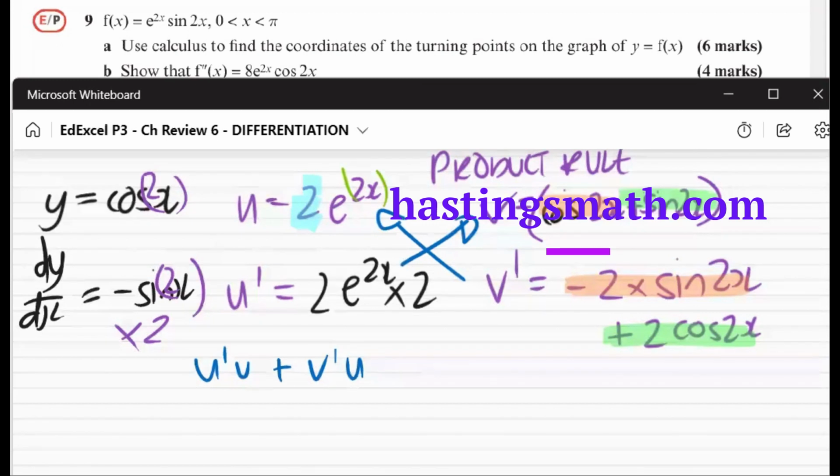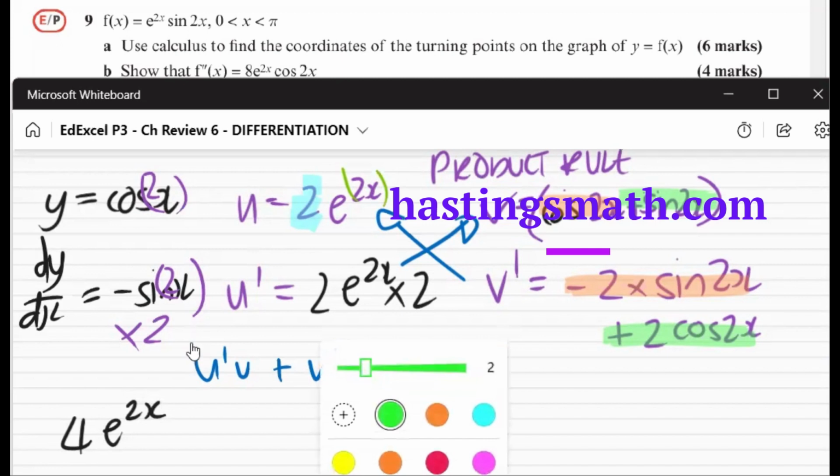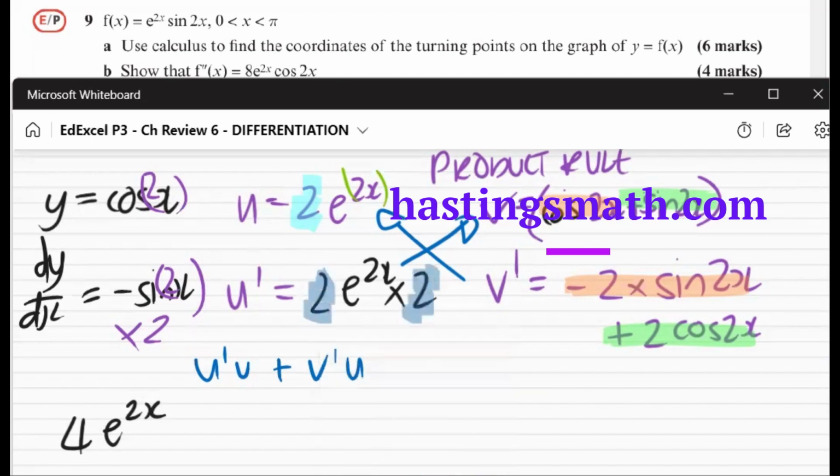So 4 e to the power of 2x times the whole thing of v. Oopsie. 4, that was because of 2 times 2. So 2 times 2 makes 4.